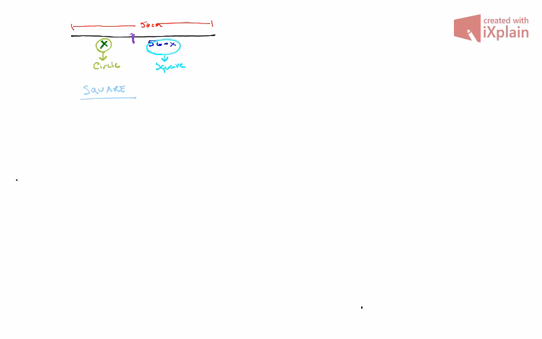For the square, we know that the perimeter is going to be equal to the sum of all four sides. We also know that all four sides are equal to each other by definition of what a square is.